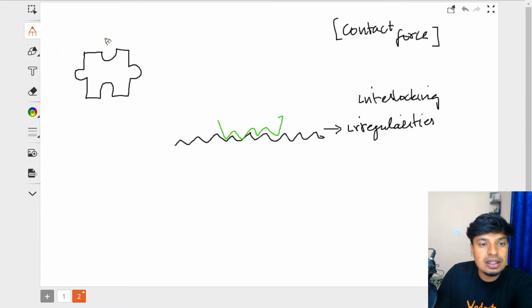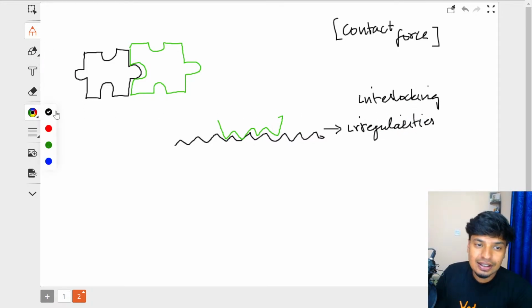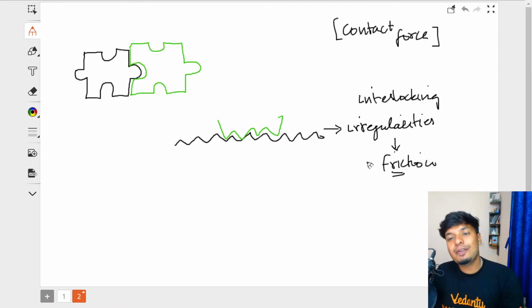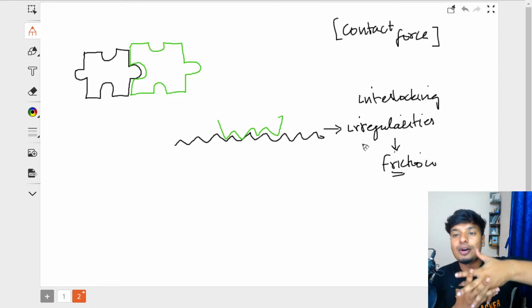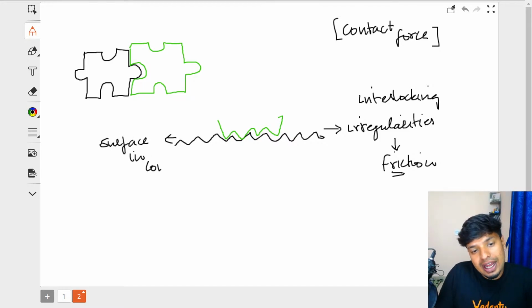Due to this interlocking of irregularities, there is friction. Everybody understood why friction occurs? So friction occurs because of the interlocking of irregularities between the surfaces in contact. This is the surface in contact.